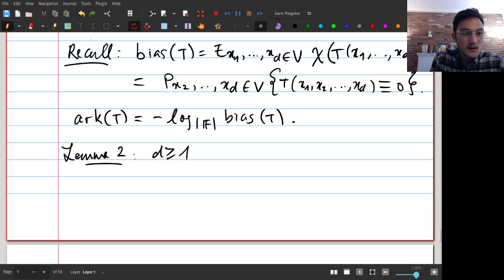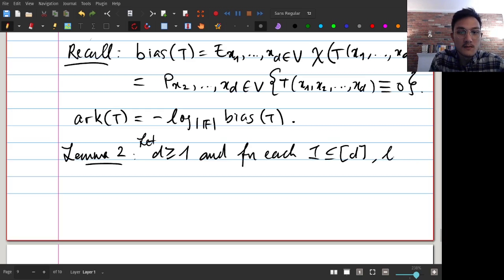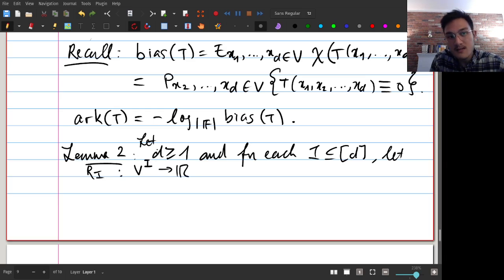Let d be greater than 1, and for each I subset of d, let R_I be a function from v to the I to R. Remember that as an order d tensor, it's v to the d, right? So this is an order size of I tensor.